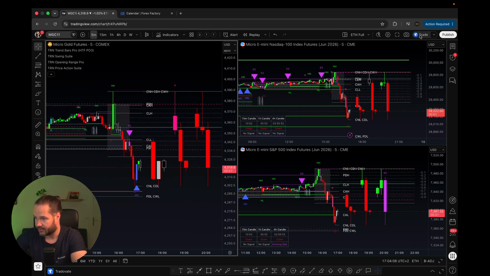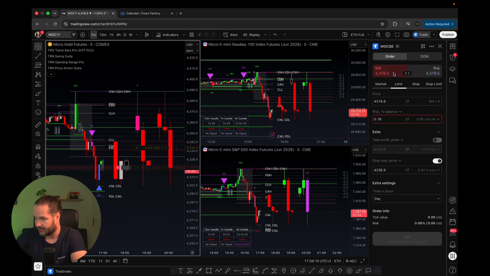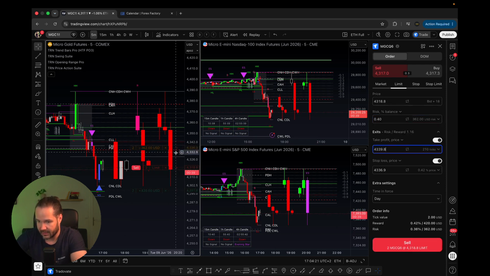I think I should prepare my trade. Let me check what we got here. The stop loss goes above the pullback a few ticks, and then the target would be here.